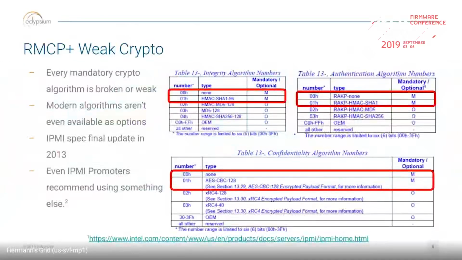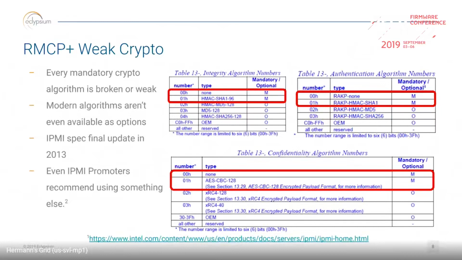Okay, so first of all, RMCP and RMCP+ are the protocols used to talk to IPMI over a LAN interface, so over a network. And the actual specification requires a few crypto protocols and hash functions, and others are optional.